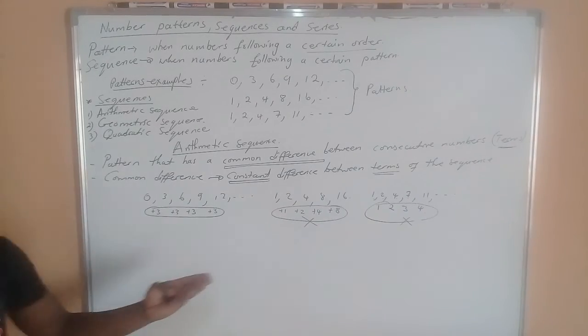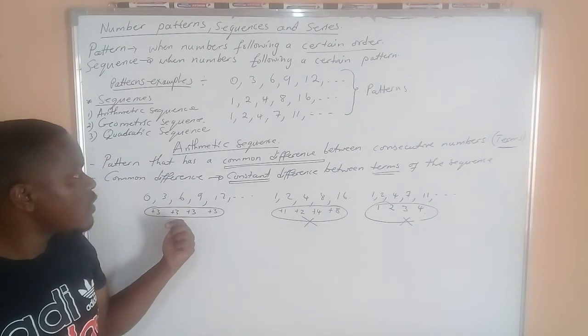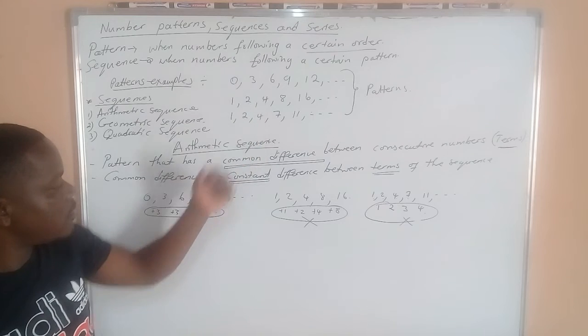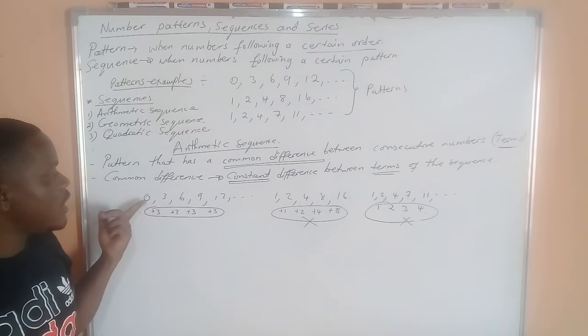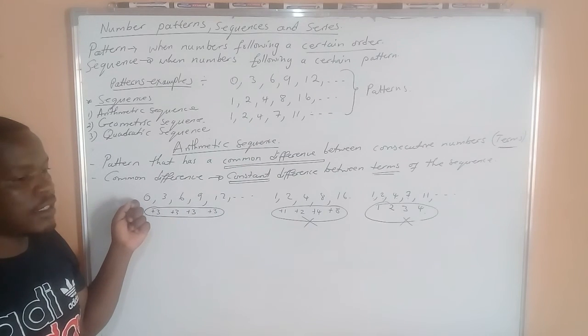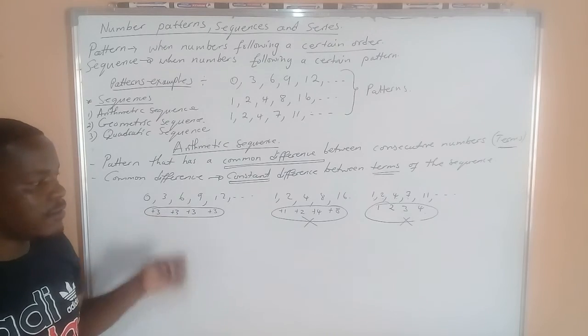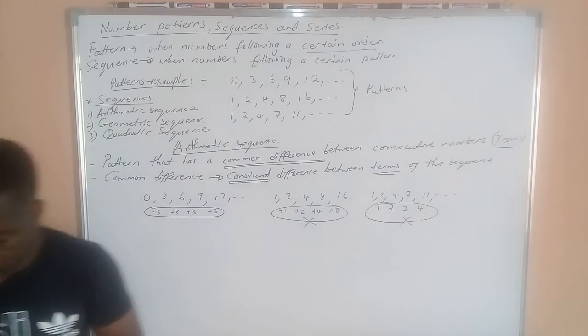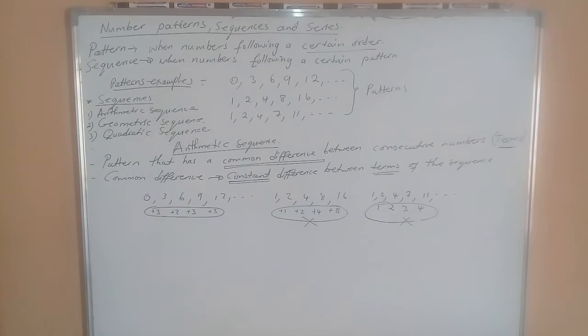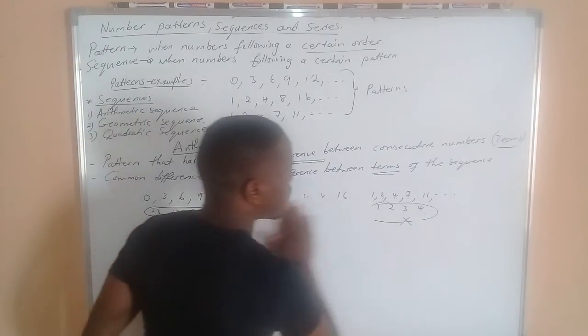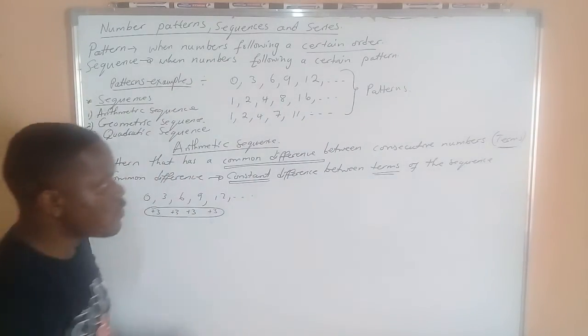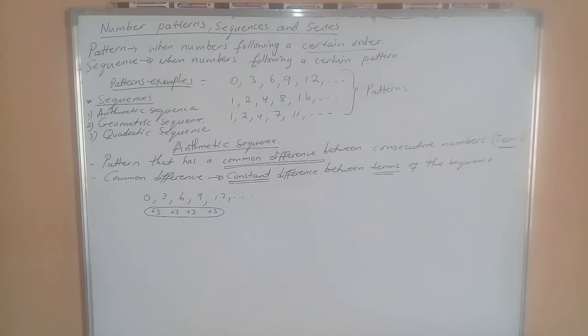So as you can see, of this pattern, this one is the only arithmetic because it has a common difference. These ones are not arithmetic sequences. That's how you identify an arithmetic sequence.